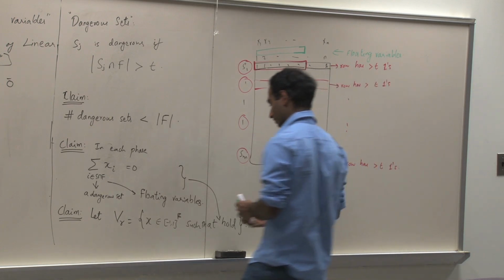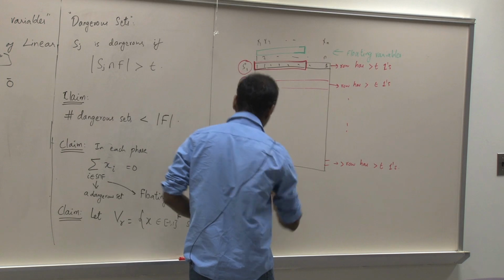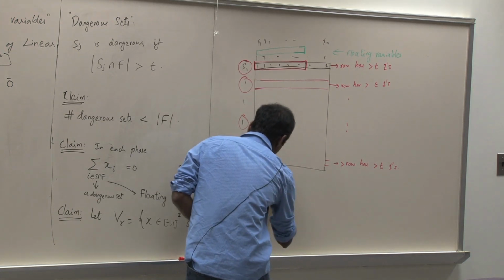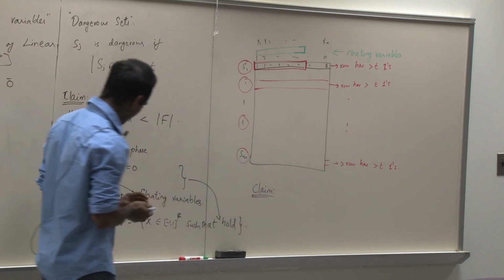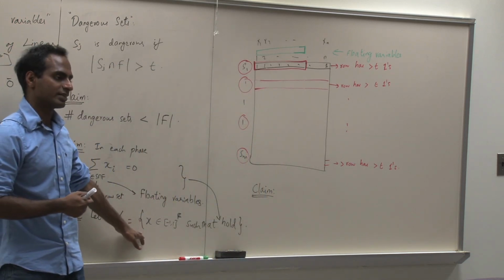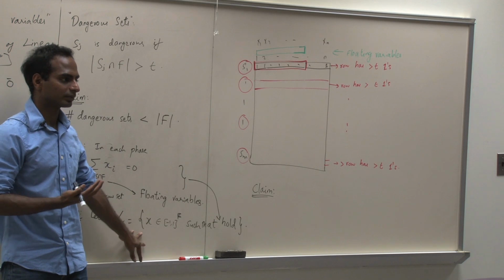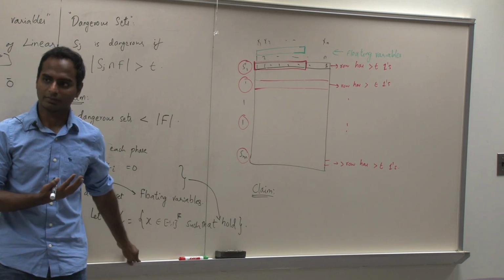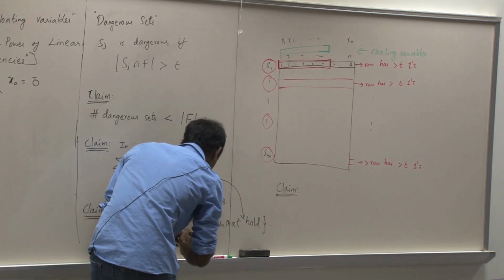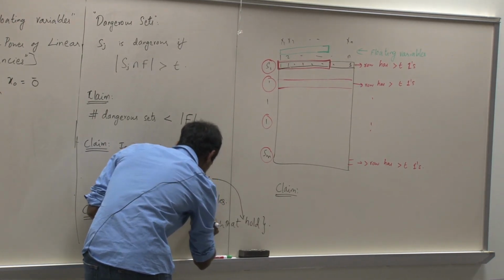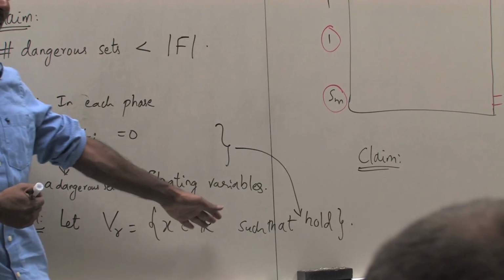Okay, that's also not trivial, but the claim is that VR is a subspace, right? Let's just look at all real valued vectors.